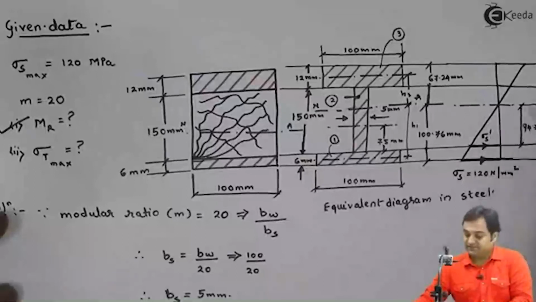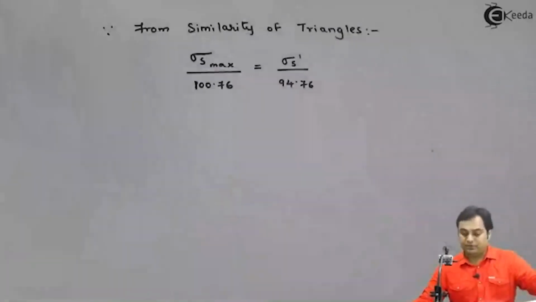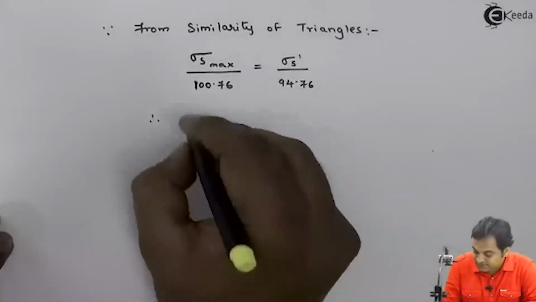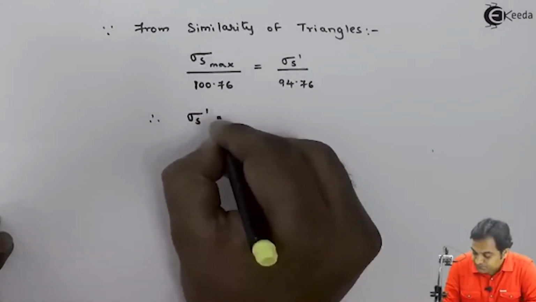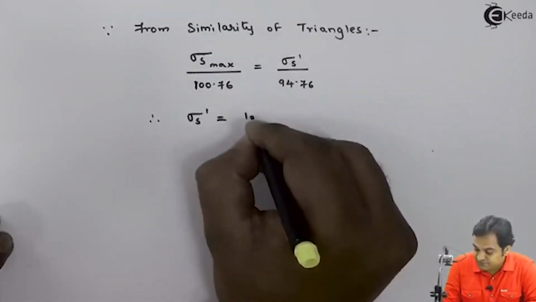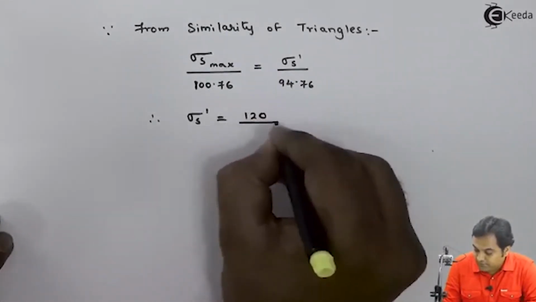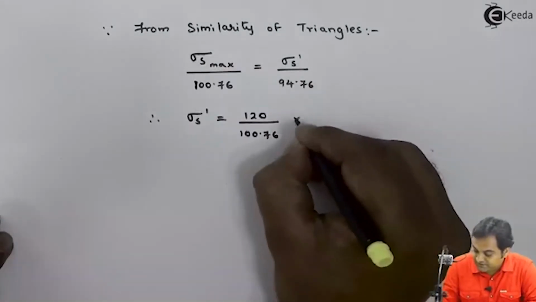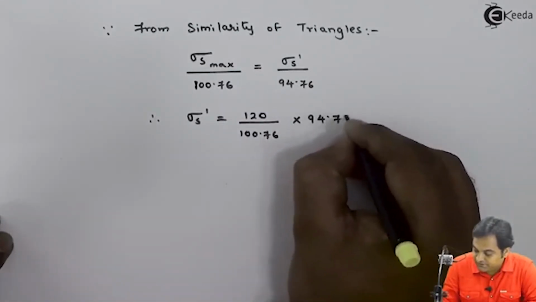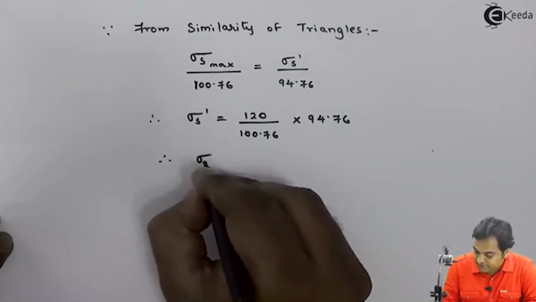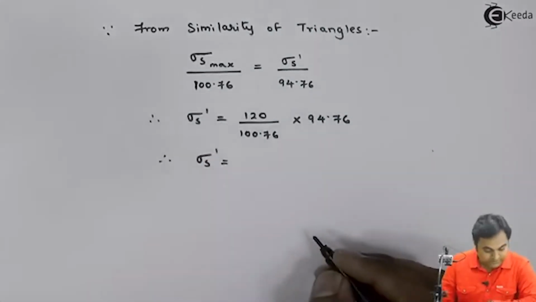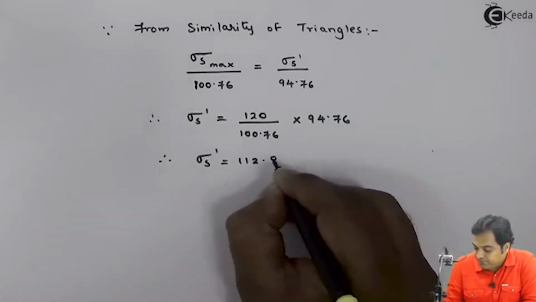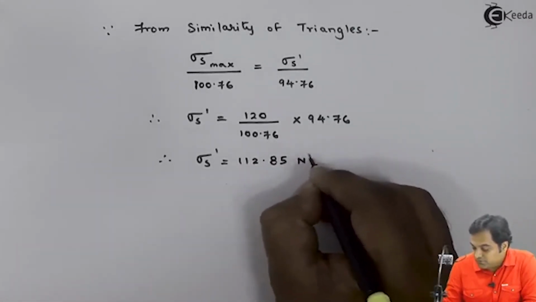So from this I can say that sigma S dash is equal to sigma S max, which is 120, upon 100.76, and I will send 94.76 to the other side. So I have sigma S dash value that comes out to be 112.85 Newton per mm square.